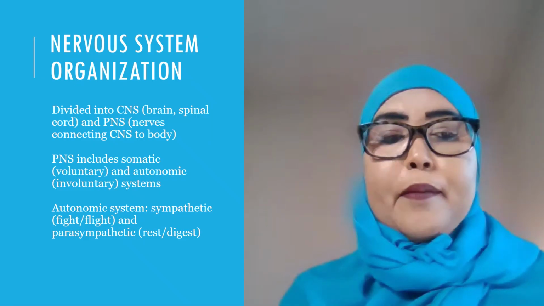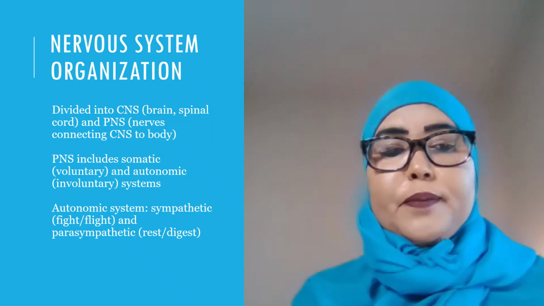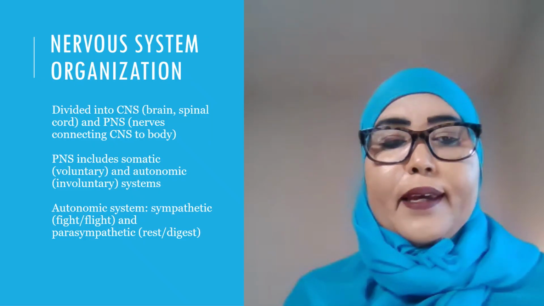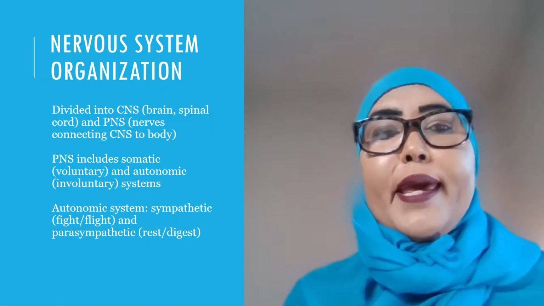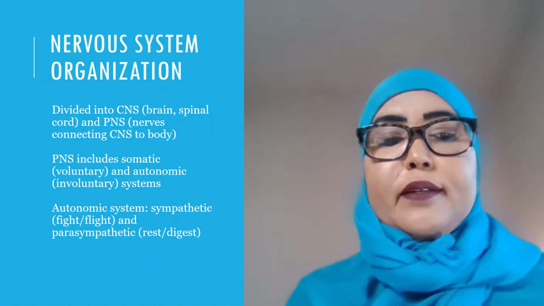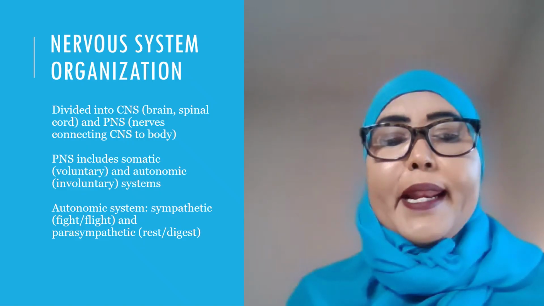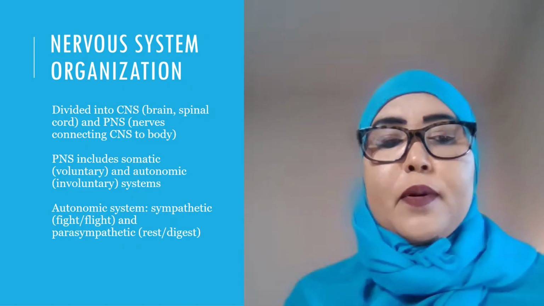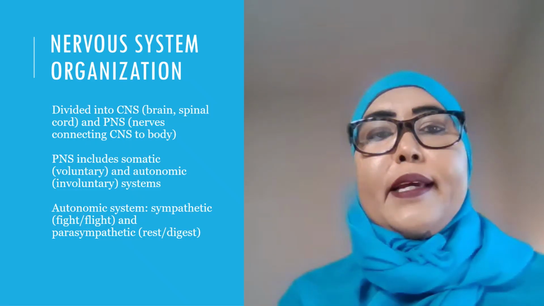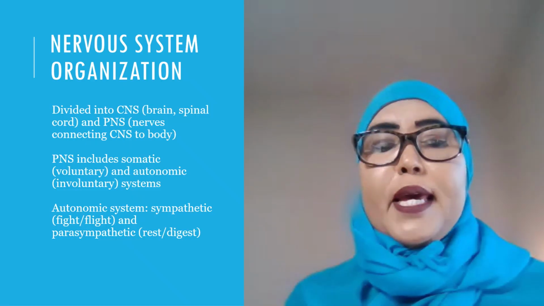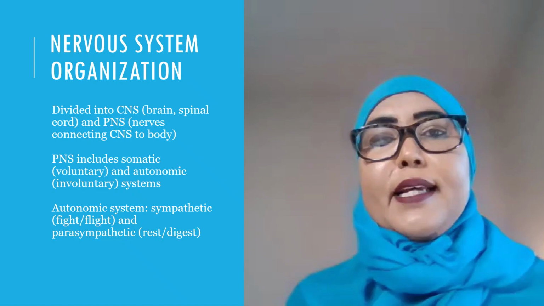The autonomic system includes sympathetic, which is fight and flight, and it works when you are awake and scared. The parasympathetic system works when you are asleep, and it works in your digestive system. That's why it's called rest and digest.